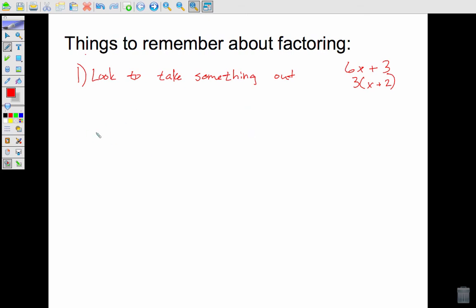Now, once you do that, you're going to be left with either 2 terms, 3 terms, or 4 terms when you're done. By 2 terms, maybe you get something like x minus 3, or maybe you get an x squared plus 6, or maybe you get an x squared minus 9, or something like this, where you have 2 things left over. This one, this x minus 3, can't do anything with that. There is no way to factor that.